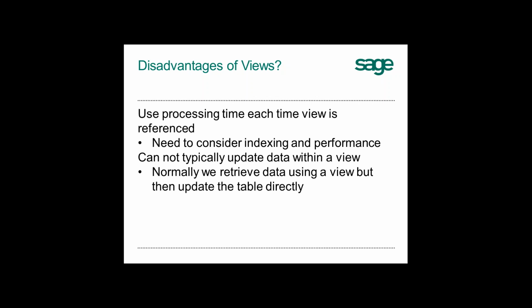So one of the areas that you will need to make sure that you're comfortable with is knowing who to ask for help around performance tuning. And it's one of the biggest causes of perceived performance issues inside a Sage CRM implementation.